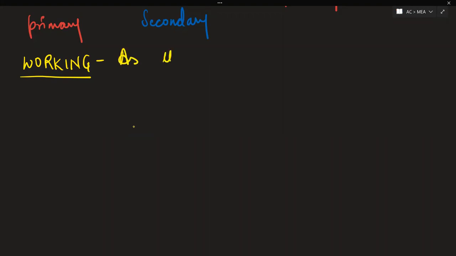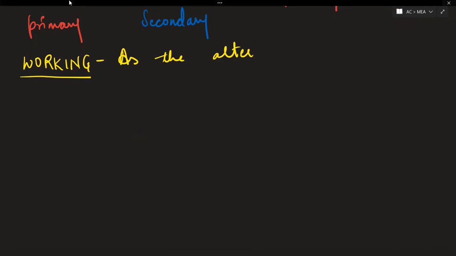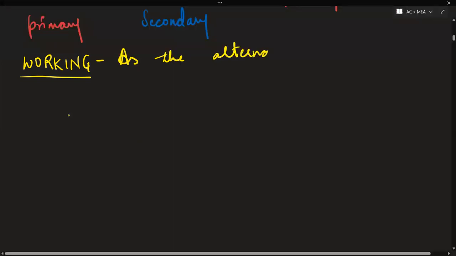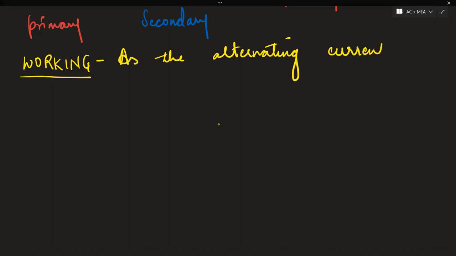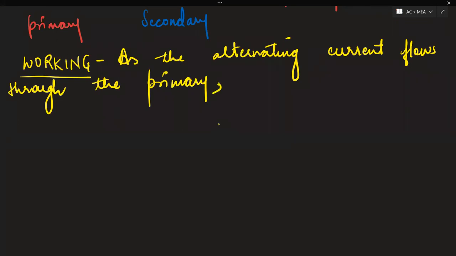As the alternating current flows through the primary, what will happen?